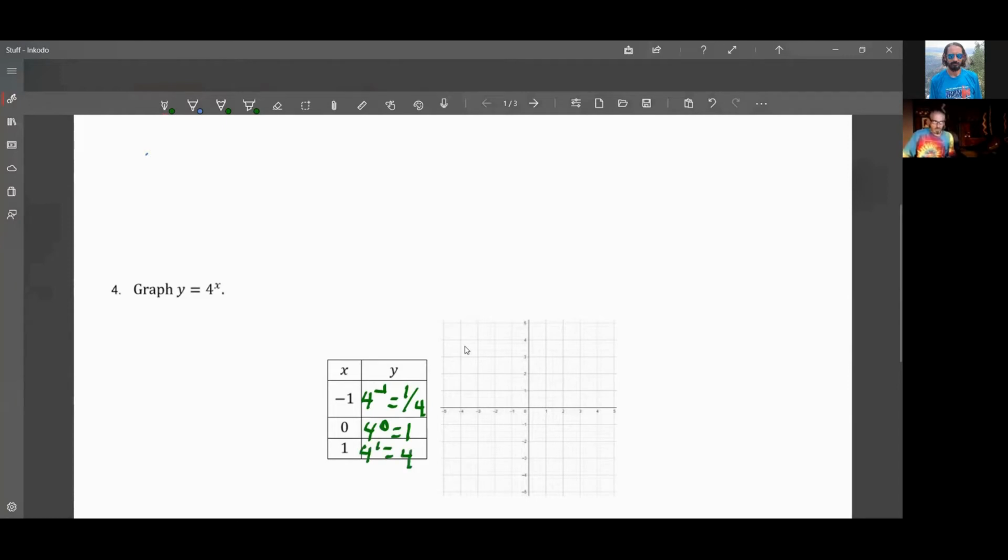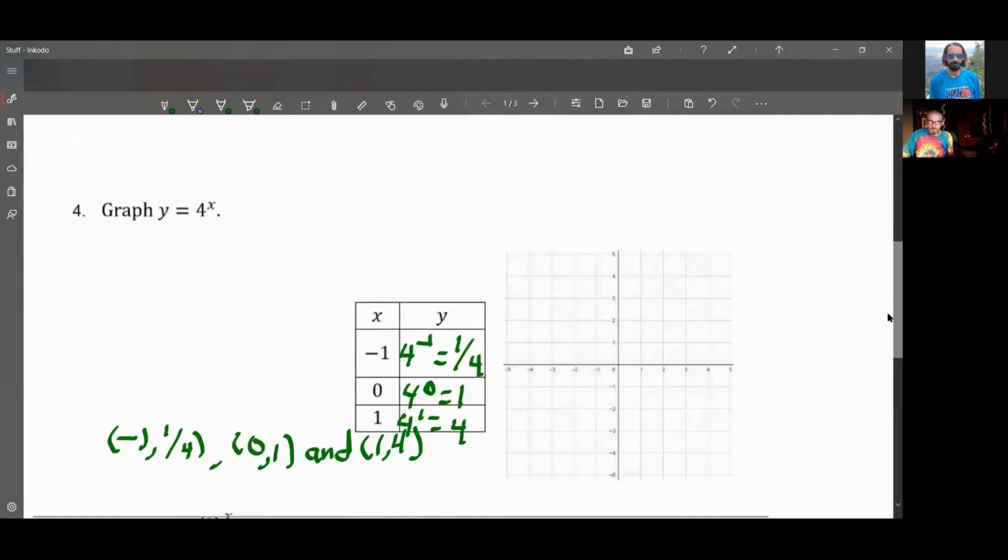So we're going to be plotting (-1, 1/4), (0, 1), and (1, 4). And that's going to be enough to let us see what this curve looks like.